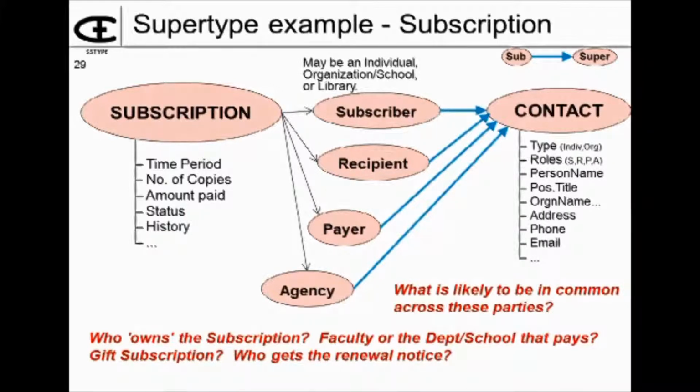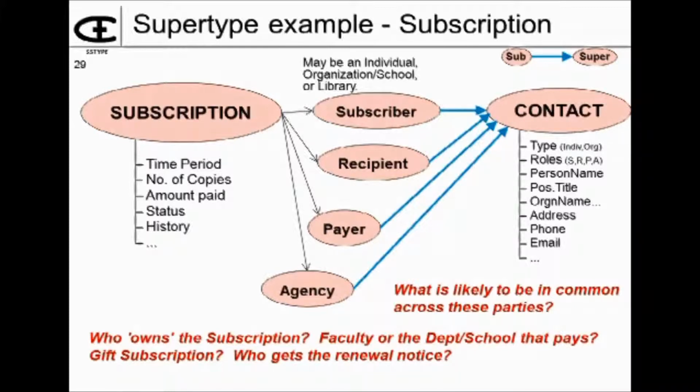Now, they play different roles, so it might be meaningful to first classify them as an individual or an organization, because beyond that, we really don't care from the subscription point of view. They could be playing one or two or three of those roles. I don't think it would ever be four, with the agency there.